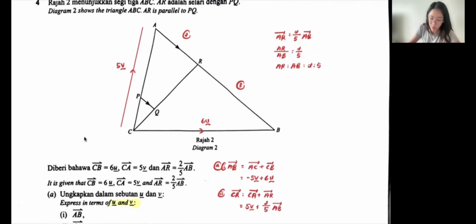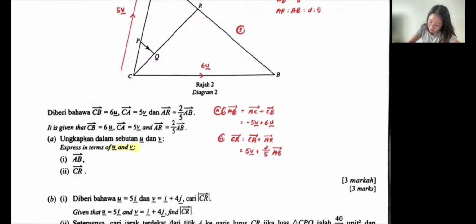You cannot write BA. Why? Because we are moving in this direction. BA is the other way. So AR is going down, so you have to compare with AB, not BA. Cannot write BA. Then continue. Then you see AB, from part 1. So you can just bring negative 5V plus 6U down.